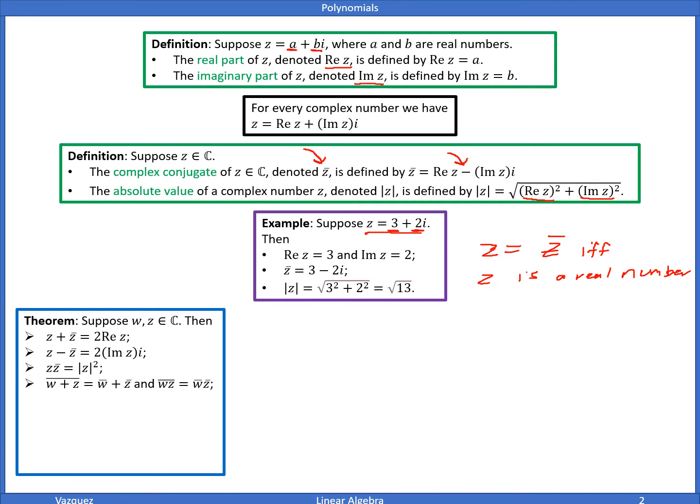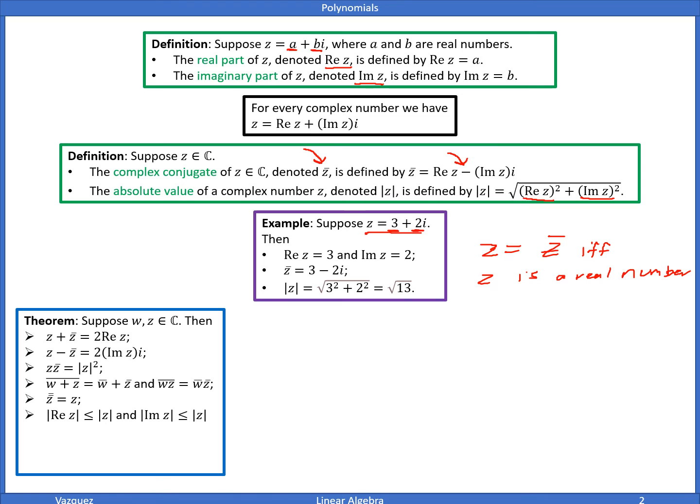The conjugate of the sum w plus z is equal to the sum of the conjugates of w and z. And same thing with their product. The conjugate of the product is equal to the product of the conjugates. Another thing, the conjugate of the conjugate of z is equal to z.